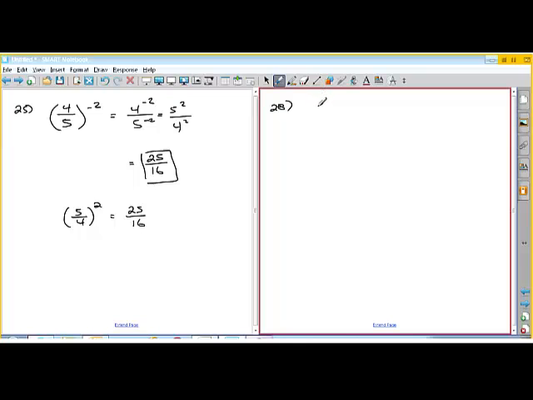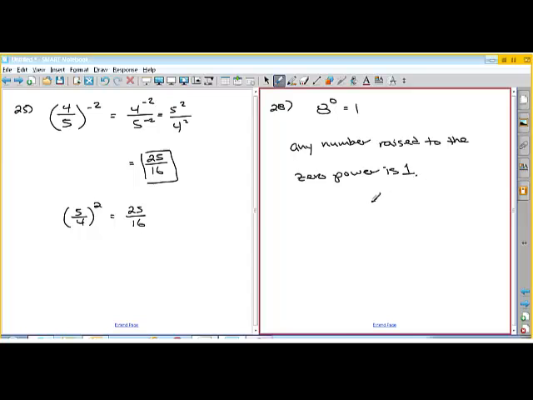Okay, 28, 8 to the 0 power. Any number raised to the 0 power is 1.